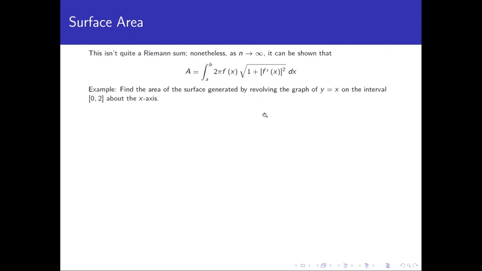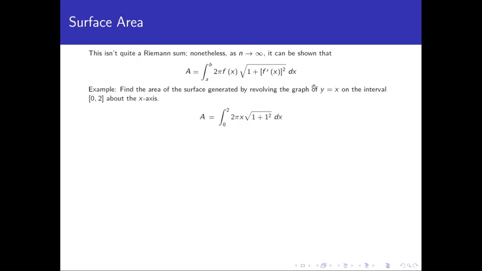All right, let's do an example and verify that the answer we get actually makes sense. Let's say we graph the function y equals x and rotate that graph about the x-axis, where the interval that we're interested in is from 0 to 2.